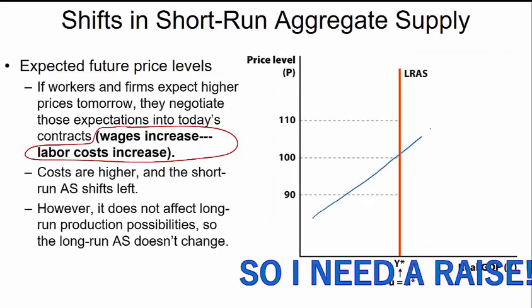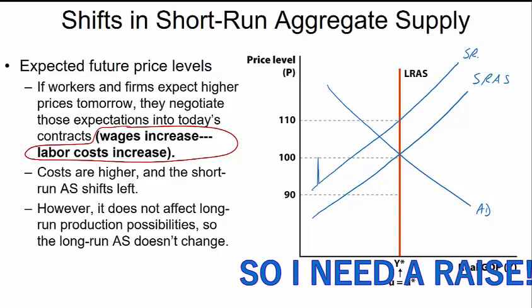Well, once again, let's draw everything out, because graphs really tell stories. So we think prices are going to be higher in the future, and so we demand higher wages today. That's going to shift the AS curve, the aggregate supply curve, to the left. And it's kind of a self-fulfilling prophecy. The fact that we expect inflation is going to cause us to demand higher wages.